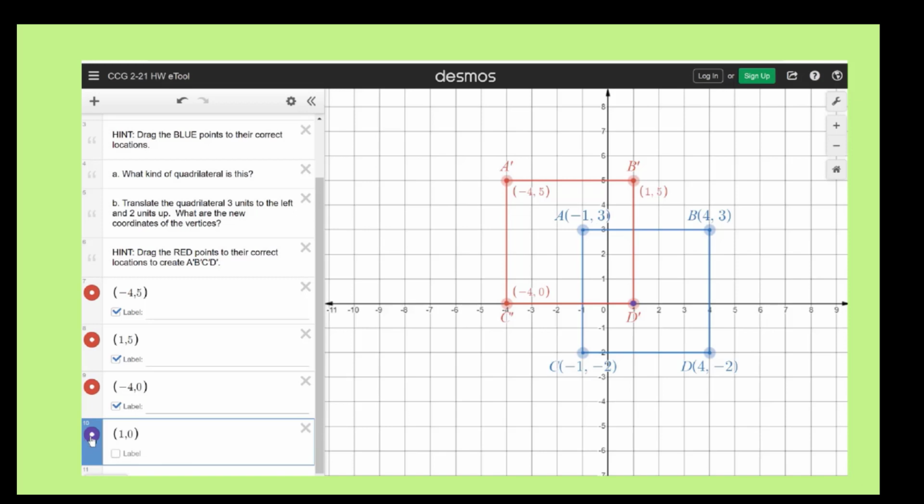And again, I'm changing it to red just so they're all the same. I know I keep saying that and you're like, okay, we already know what you're doing. All right. And there you go. That's what you have as the translated shape, all prime notation. If you notice, these are A, B, C, D, and these are A prime, B prime, C prime, D prime. And all of the new points are labeled. So hopefully that helps and we'll move on.